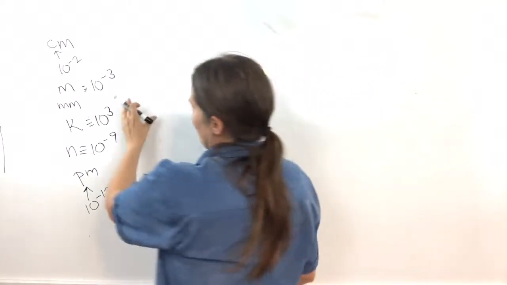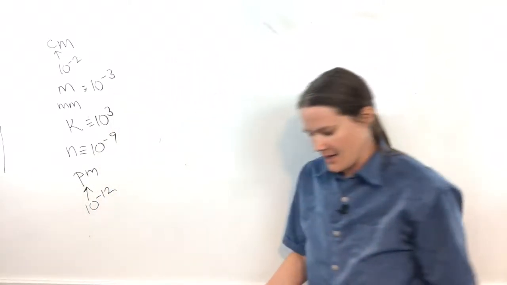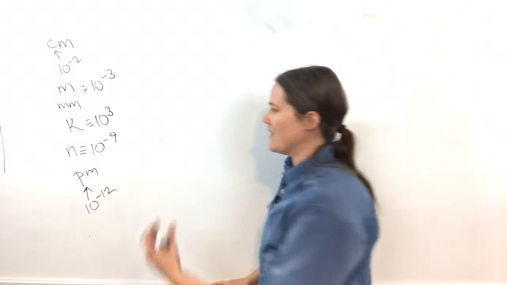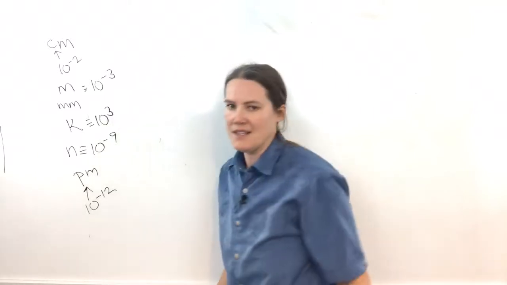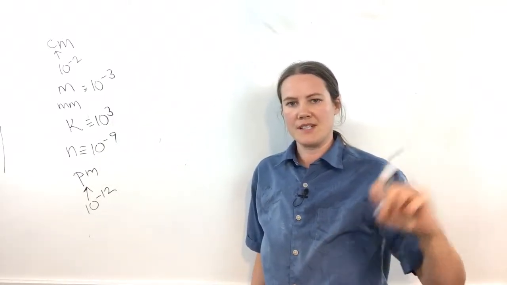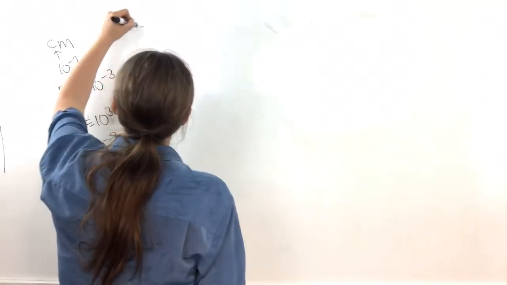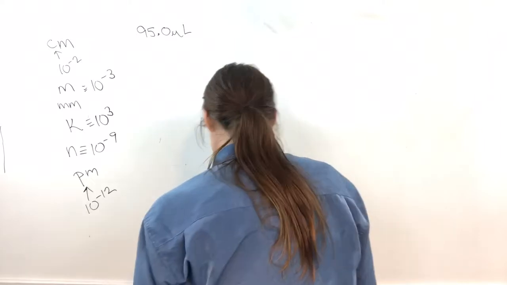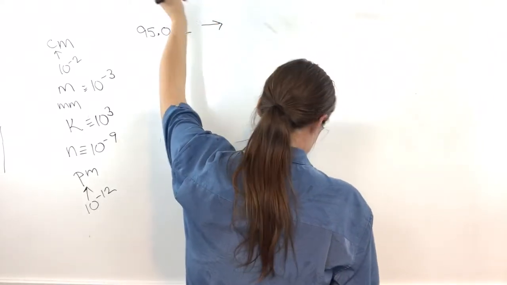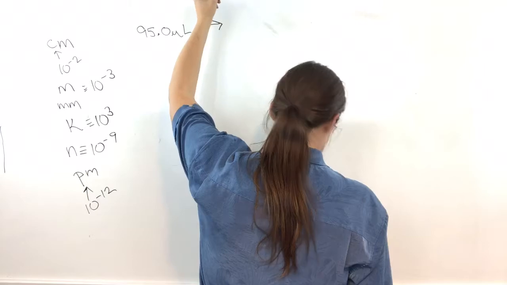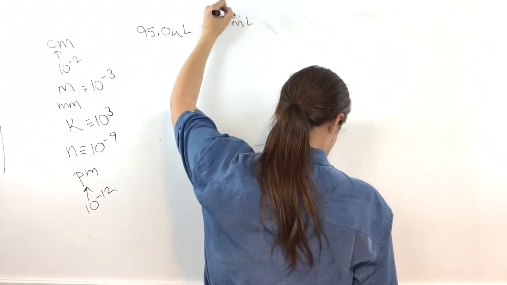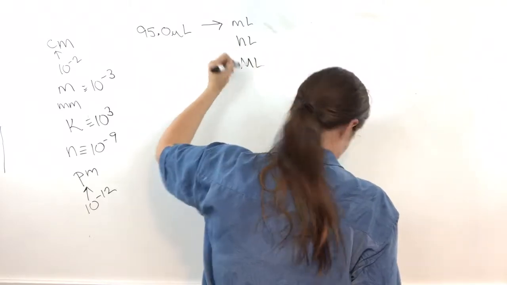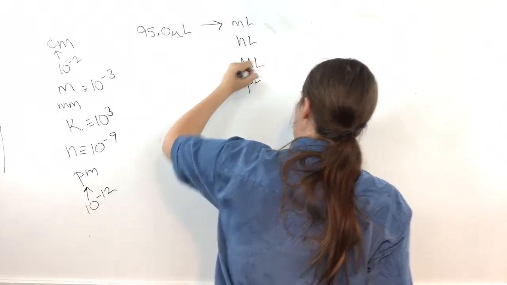So what we want to do is, if we're given a number in metric with a prefix, convert from one prefix to another prefix. Let's say we have 95 microliters, and we want to convert this to milliliters, nanoliters, megaliters, and picoliters.